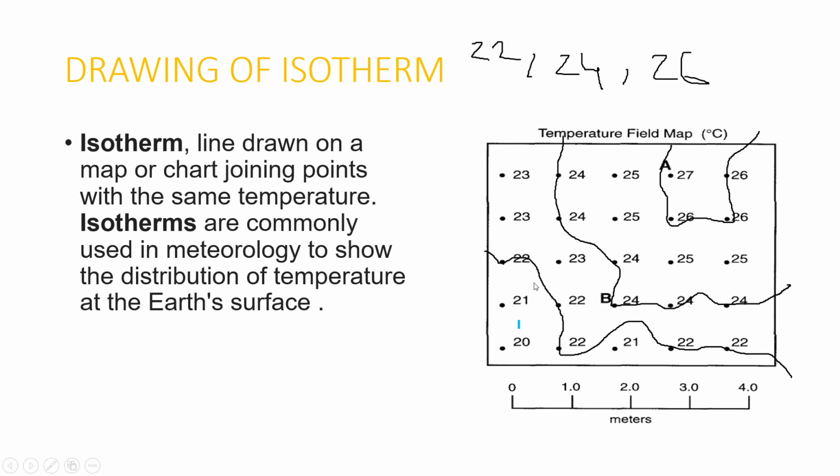So I have joined the points which have values of 22, and here 22 is not present. So what I have done, I have assumed that the point of 22 may lie in this region. So I have drawn the line assuming, right?